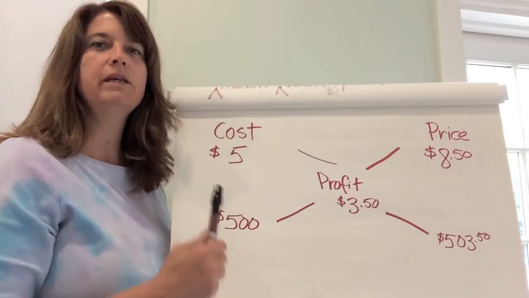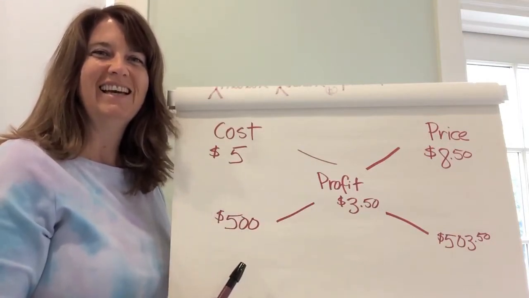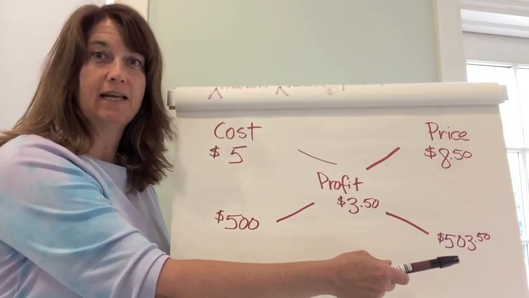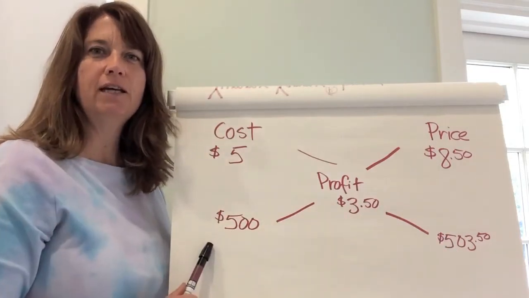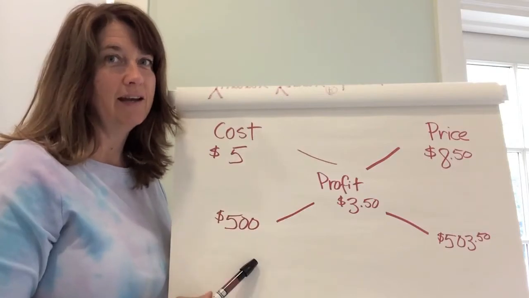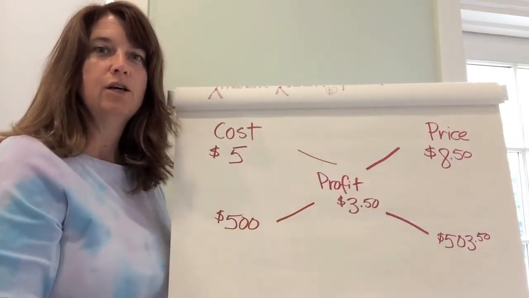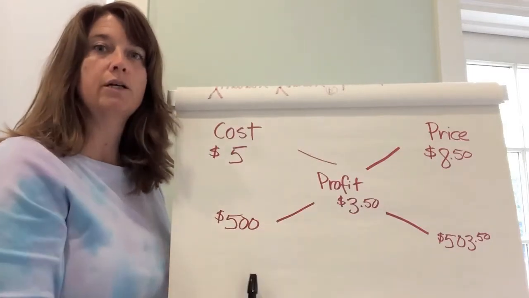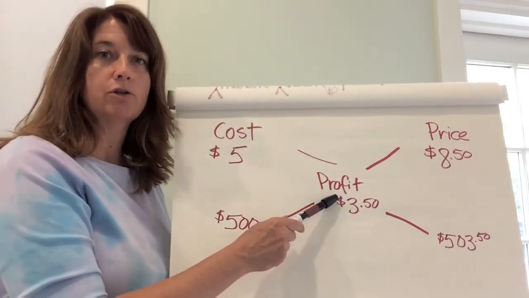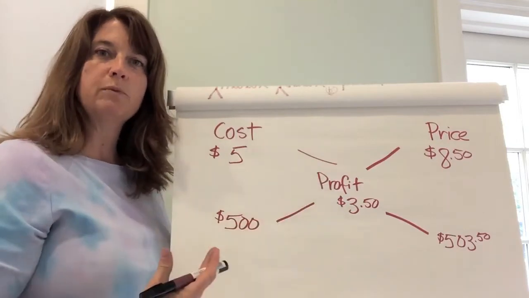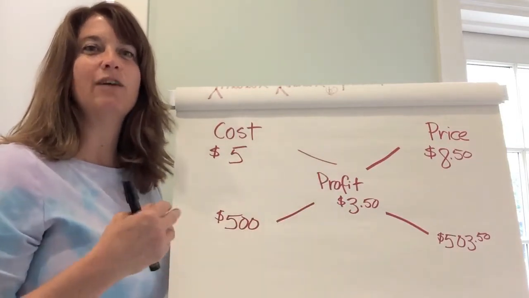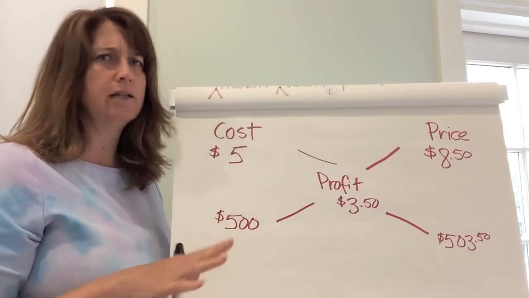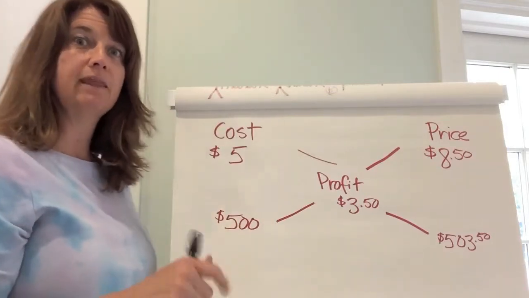Could you possibly run a business successfully if every time you bought and sold a $503.50 item, you only made $3.50 on it? It's much harder to sell that item than it is a box of muffins. So you clearly would be out of business in a New York minute if you tried to run your business on dollars alone. So the way most people run their businesses is you're looking at ratios, which is just another way of saying percentages. If you're math challenged, don't worry, you'll be able to get this.